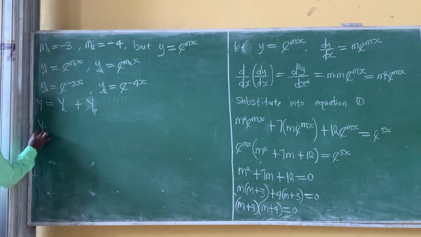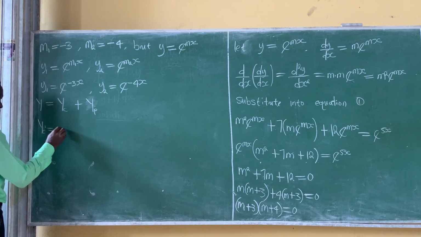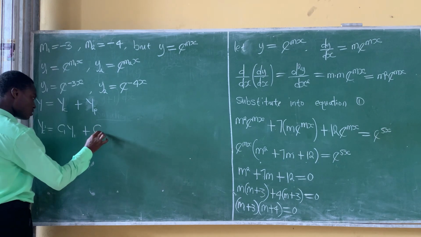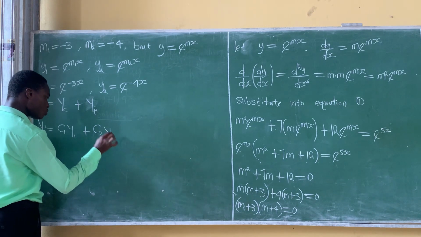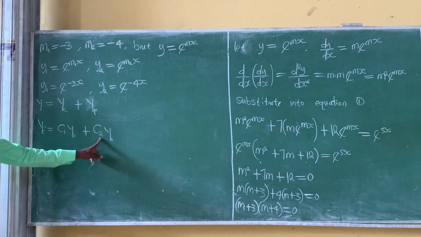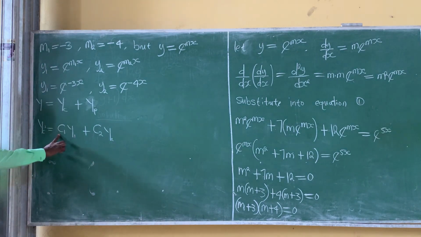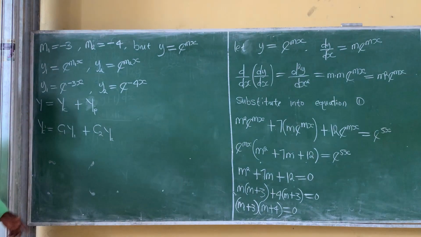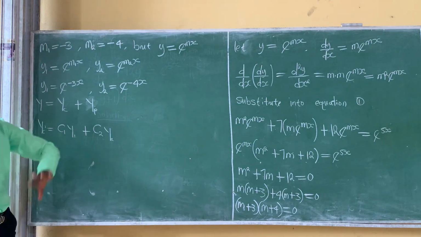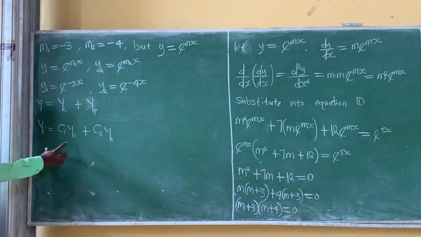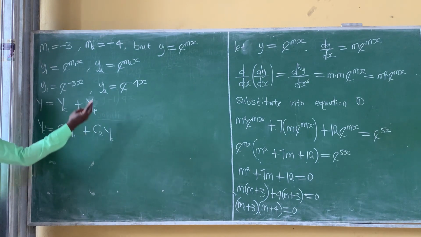So y sub c becomes c1y1 plus c2y2. C1 and C2 are arbitrary constants, so we don't need to worry ourselves about them. They are just constants which we can use to find the differential equation back if we are to form a differential equation.